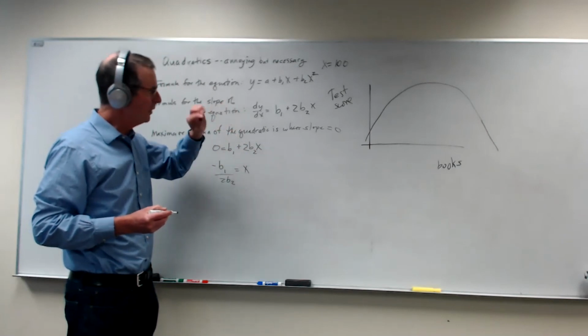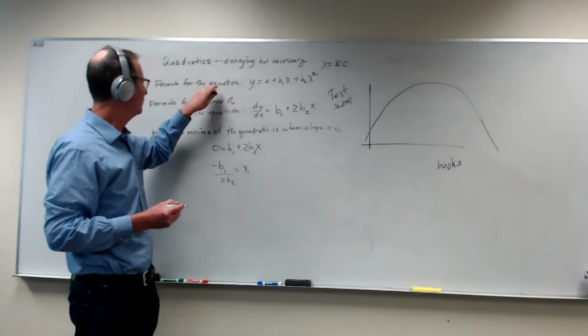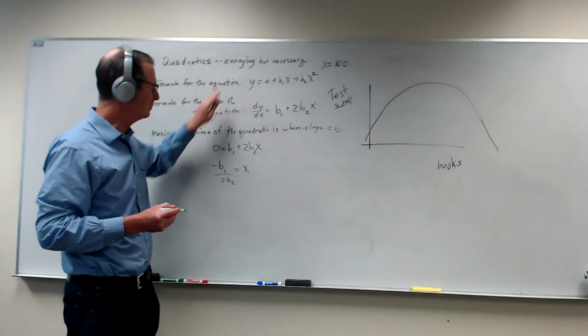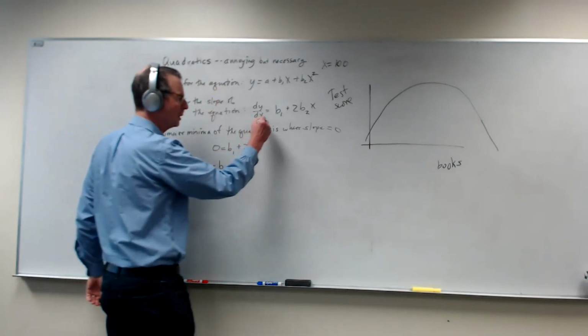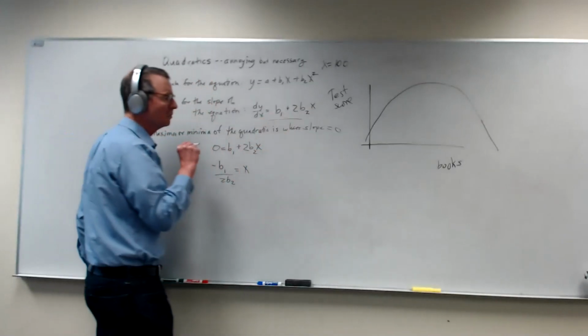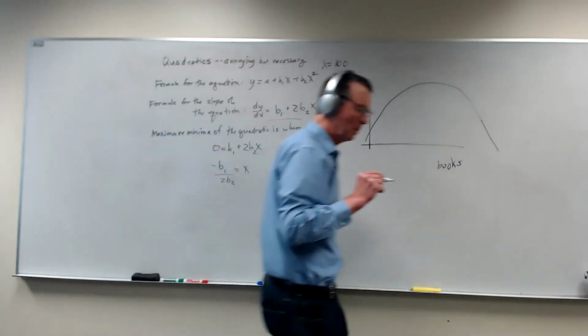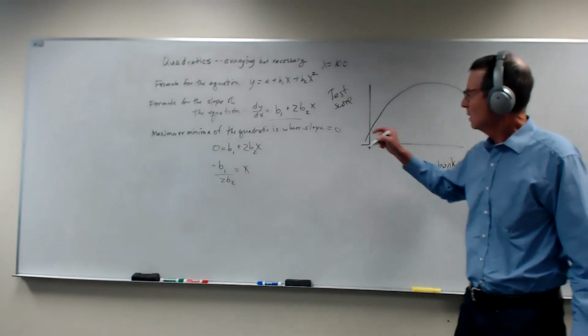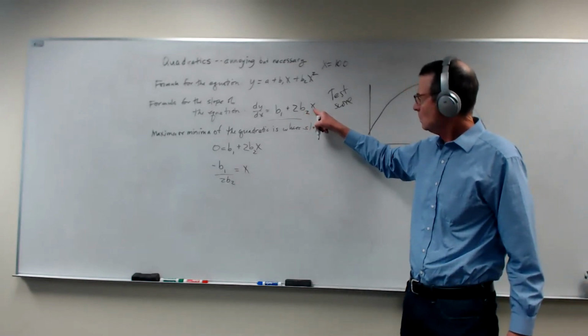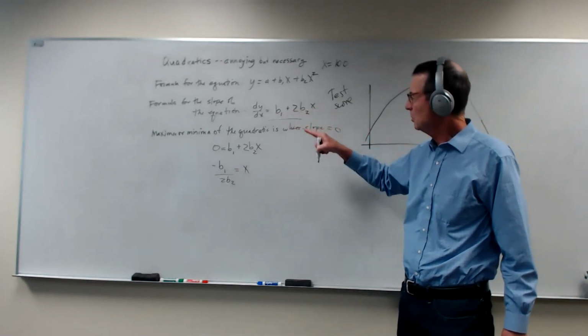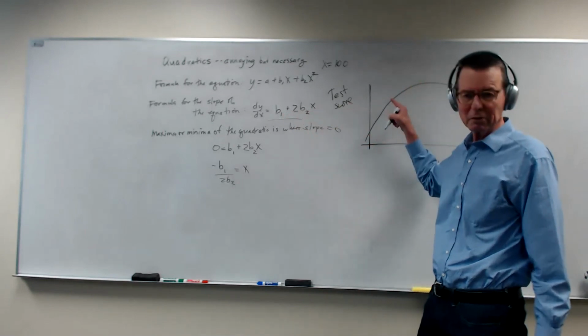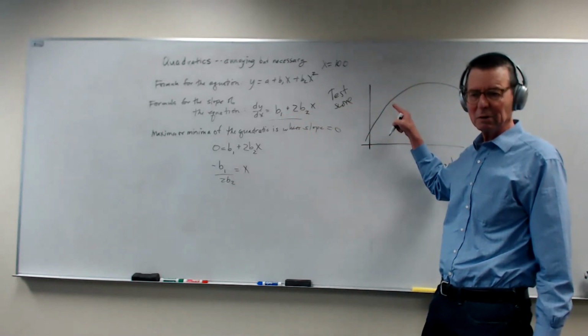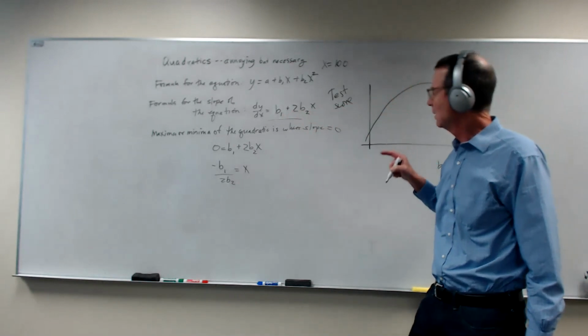So this is the formula for the equation itself, and this is the formula for the slope. By the same token, if I plug in any value for x, let's say 100, if I know b1 and b2, I can tell you what the slope is at that point, x equals 100.